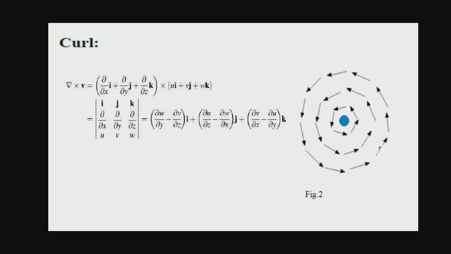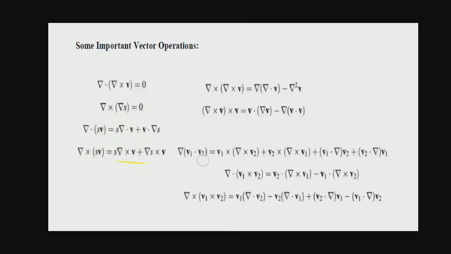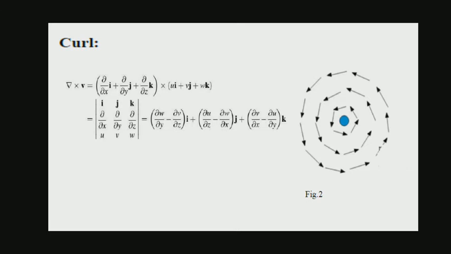So plus, actually it is minus, so interchange del w divided by del x and del u divided by del z, that is j into del u divided by del z minus del w divided by del x, plus for k into del v by del x minus del u by del y.